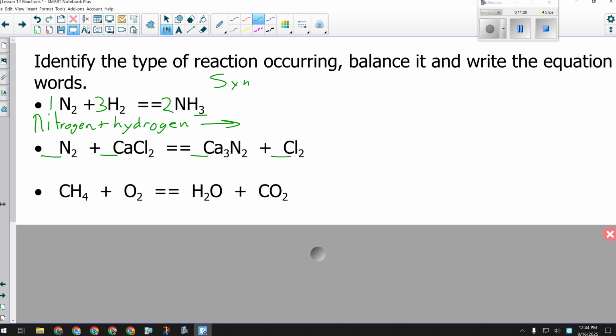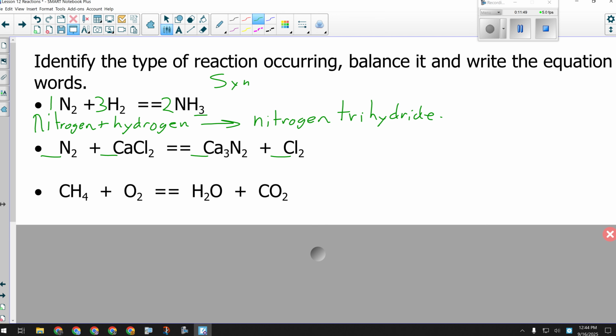It's going to give me nitrogen trihydride. That's a molecular compound because hydrogen is listed second. So that would be 1 mark for the balancing, 1 mark for the type, and 1 mark for the reaction in words with no mistakes.